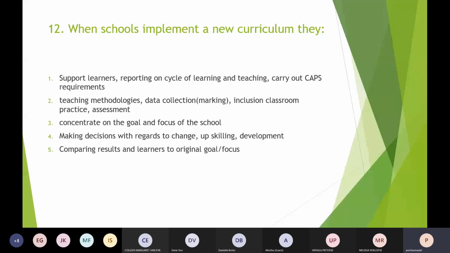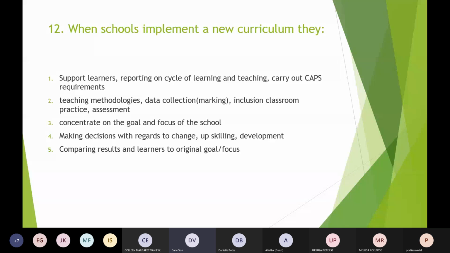And Colin, what do you think? I agree with Melissa. All right, thank you. Danae? I am torn between number 3 and also, which one was it? No, it's not making decisions.